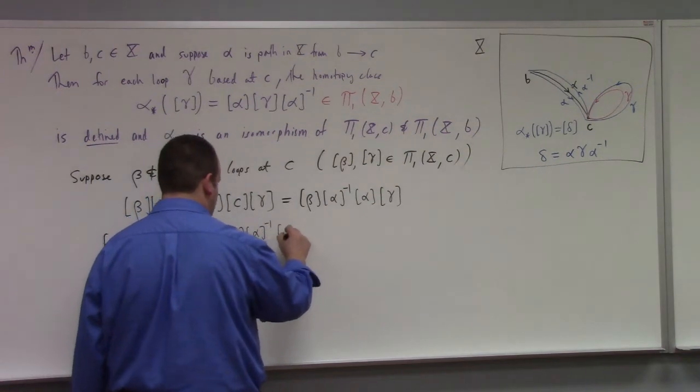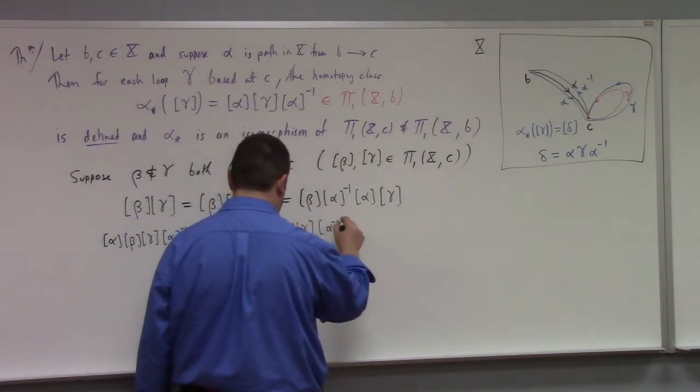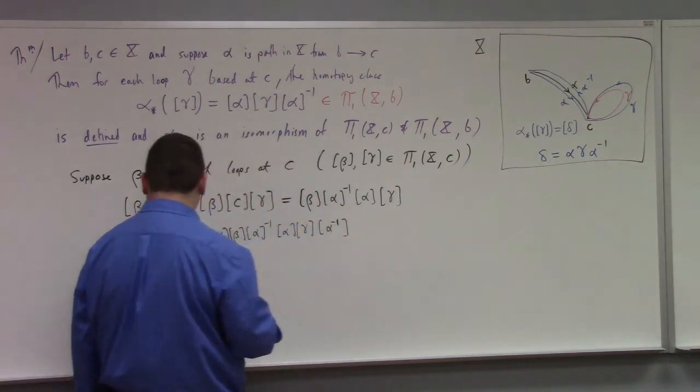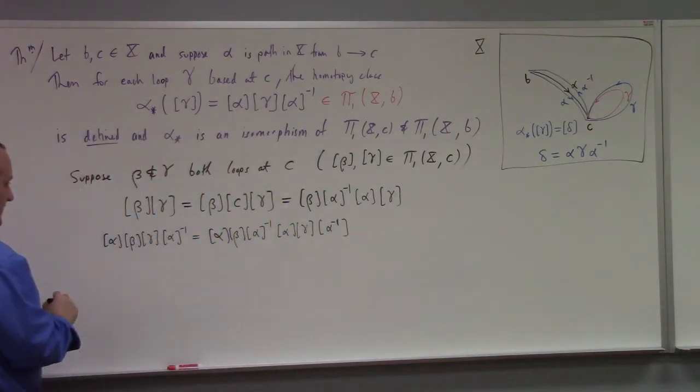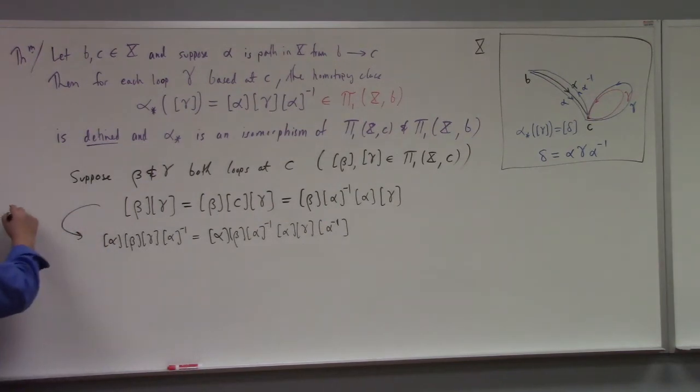Now, why would you want to do that? What are we looking at if we do that? So, multiply by alpha on left and alpha inverse on right. Can we do that, by the way?